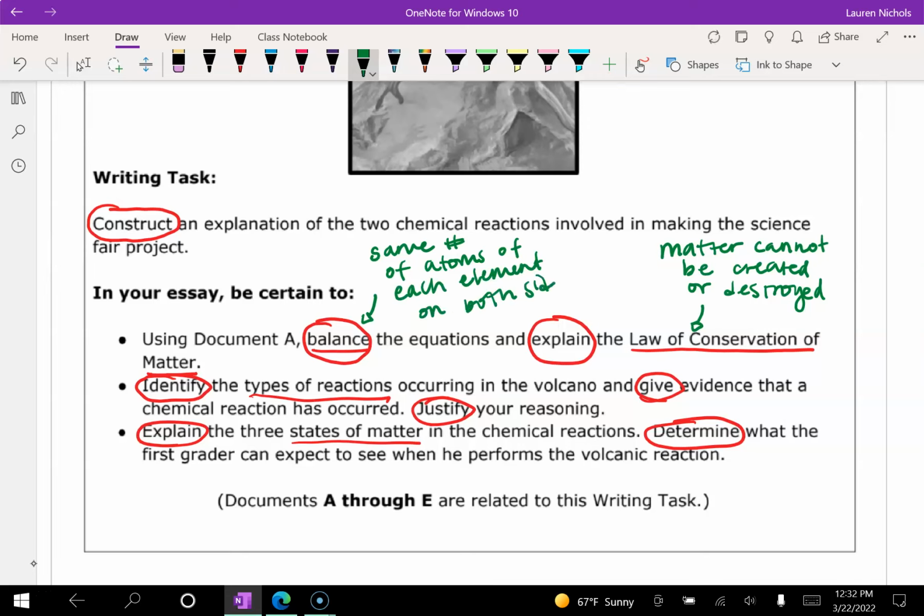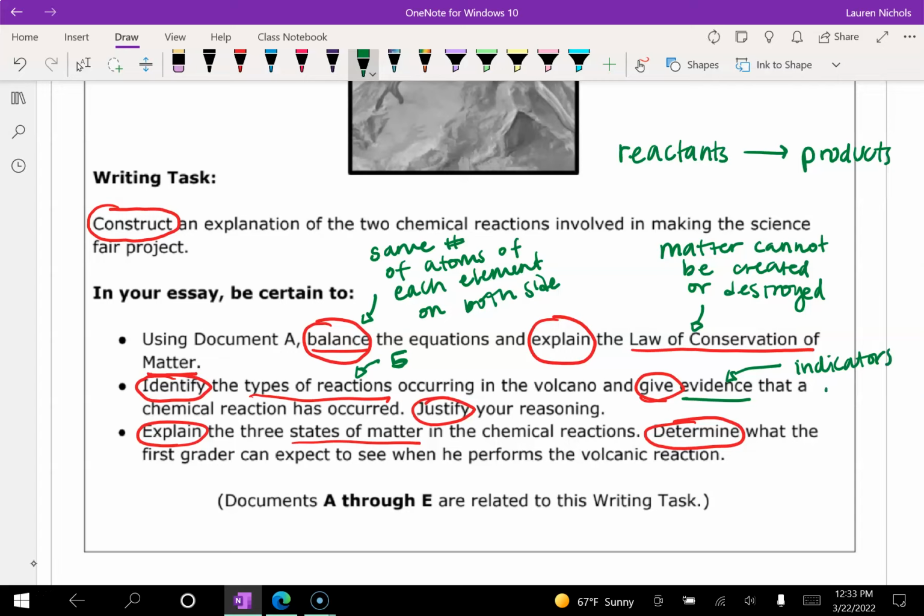So remember, when you have a chemical reaction, you have your reactants, which are kind of like your ingredients on the left side, and the products that are created are on the right side. So with our types of reactions, we know that there are 5 of them: synthesis, decomposition, single replacement, double replacement, and combustion.